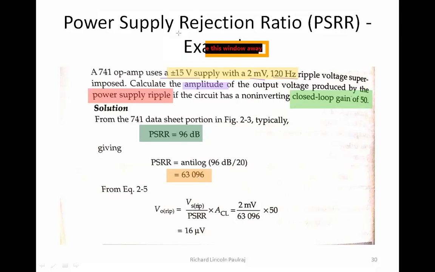The PSRR value is taken directly, the closed loop gain is taken, and I'm taking the value of the supply ripple. Please check, are we getting about 16 microvolts?